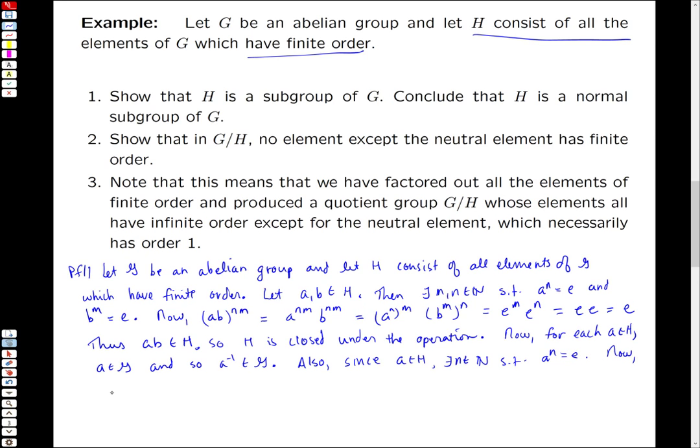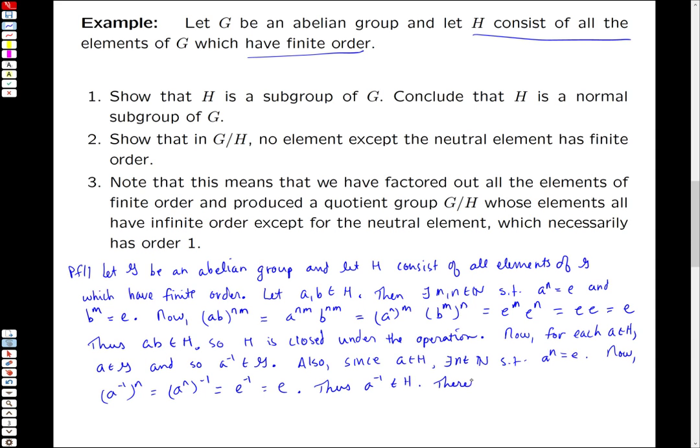Now I'm going to look at A inverse to the N. By the laws of exponents, that is equal to A to the N inverse. We can interchange those, we proved that. But what is A to the N? E. And what is E inverse? E. Thus, A inverse is in H because A inverse has finite order.